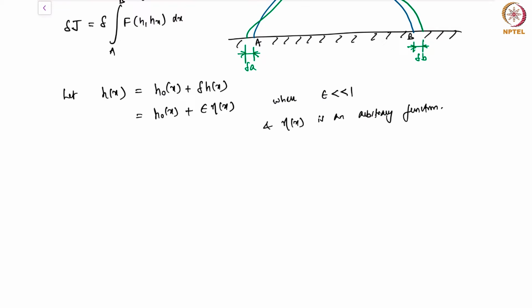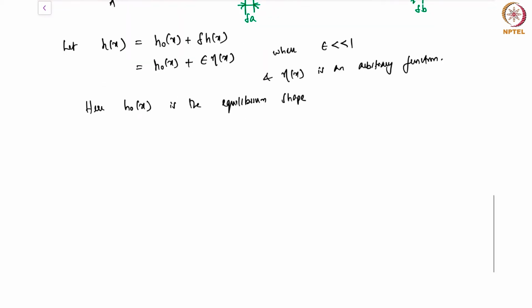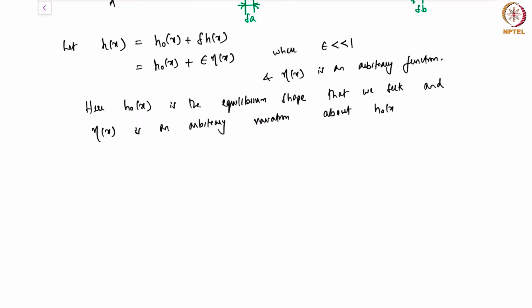Here h naught of x is the equilibrium shape that we seek, and eta of x is an arbitrary variation about h naught of x.